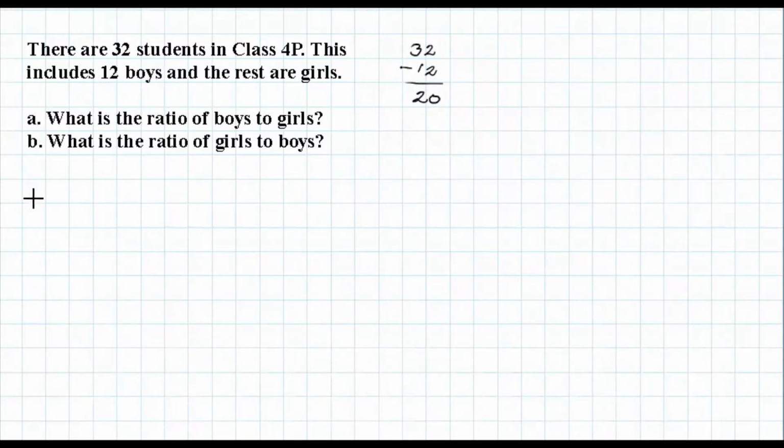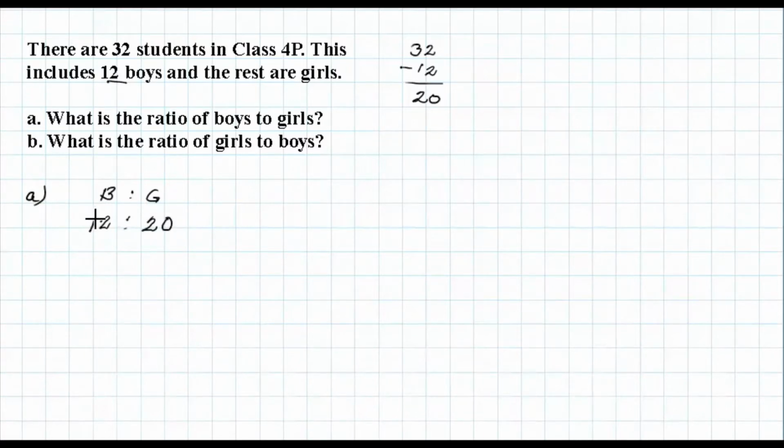So let's look at part A. Part A wants us to find the ratio of boys to girls. So that's going to be boys to girls. How many boys are there? 12. So that's going to be 12 to 20. Well, we can reduce this, right? This 12 and this 20 we can reduce because they're both divisible by 4.